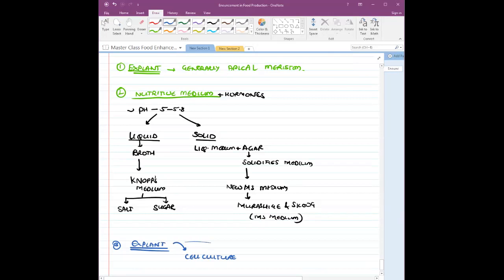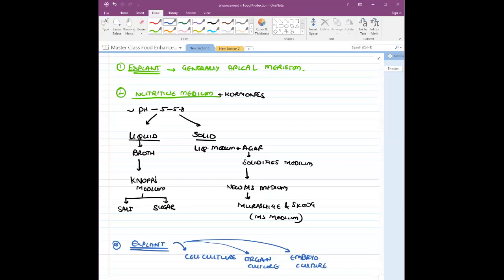Second, if you are using organs altogether, then this is known as organ culture. And the third thing, we can also use the embryo, and that is called embryo culture. So depending upon the explant, we can have three different things.